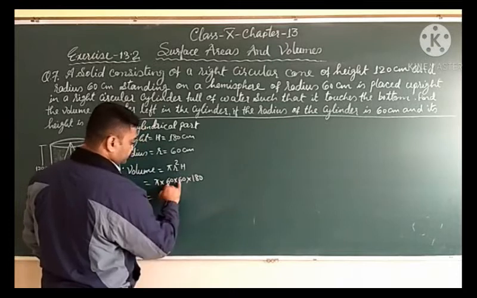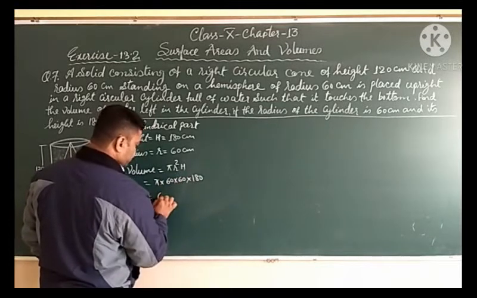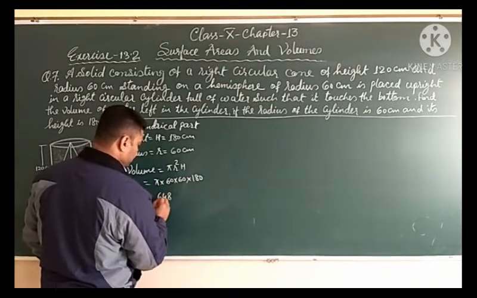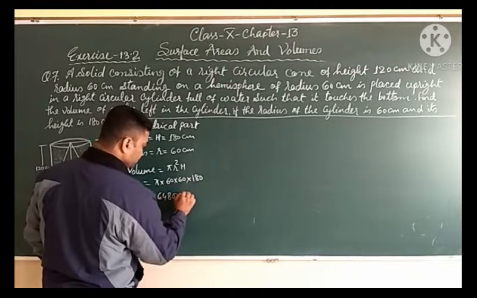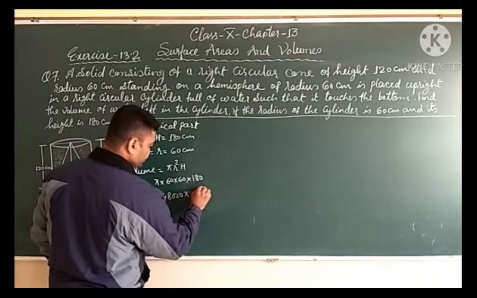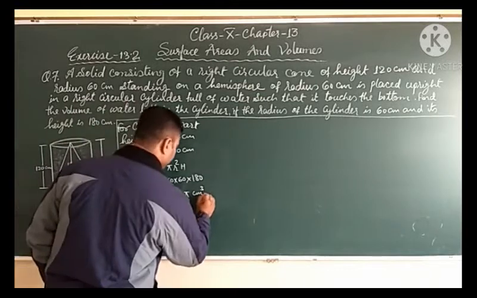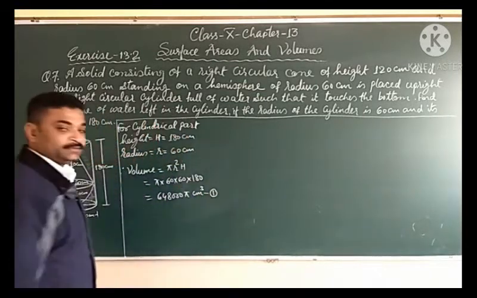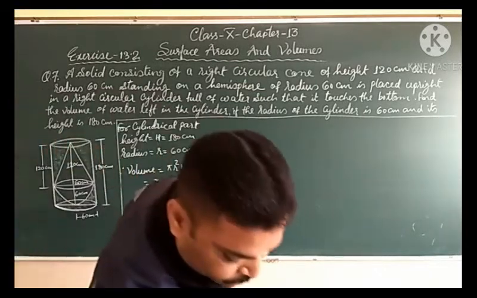That gives 648,000 pi centimeter cube for the first one. Clear?